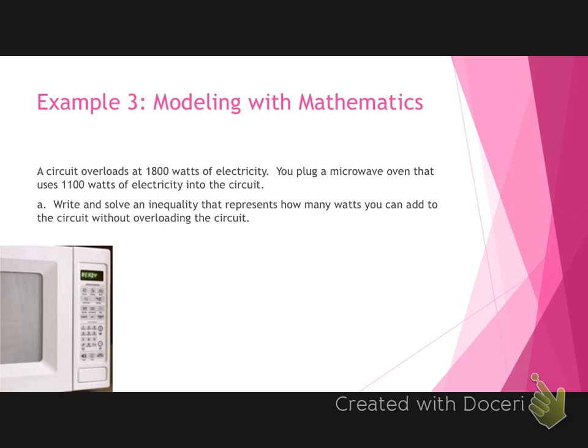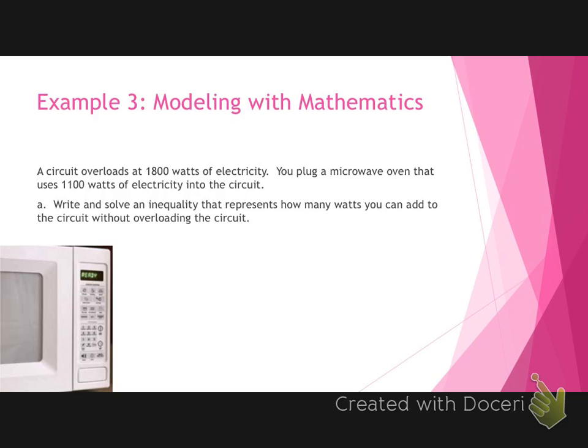So first you need to understand the problem. You know that the microwave oven uses 1100 watts out of a possible 1800 watts. You are asked to write and solve an inequality that represents how many watts you can add without overloading the circuit. You also know the number of watts for the 4 other appliances.